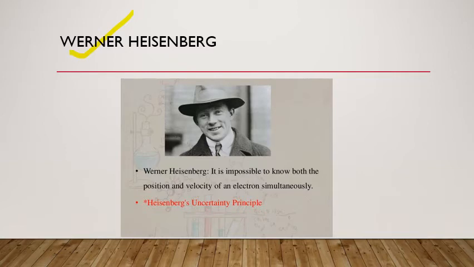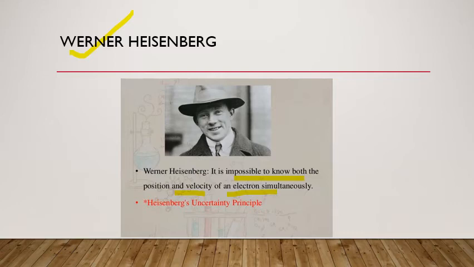Werner Heisenberg in 1927 gave the uncertainty principle. It is impossible to determine or know both the position and the velocity of an electron simultaneously. If we determine the position of the electron with high accuracy, its velocity will be uncertain.